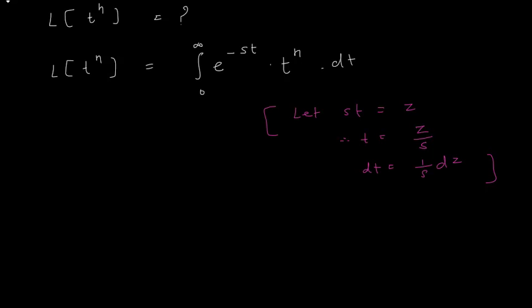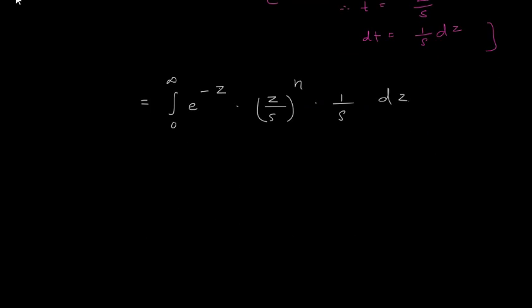So my variable will change. This will become integral from 0 to infinity of e raised to minus z into z upon s the whole power n into 1 upon s into dz. Now here the variable is z, so I will take all s terms out.